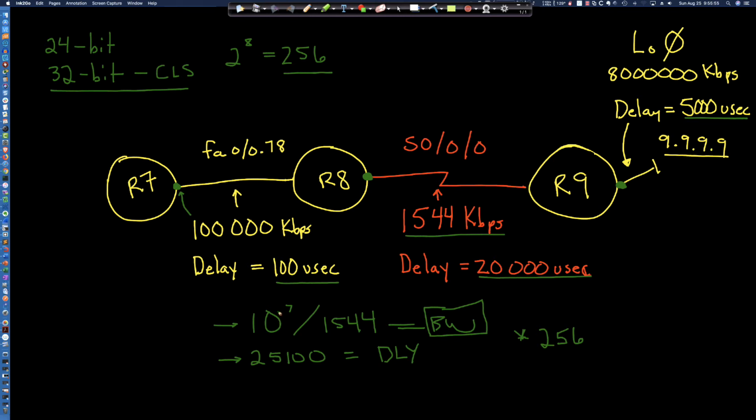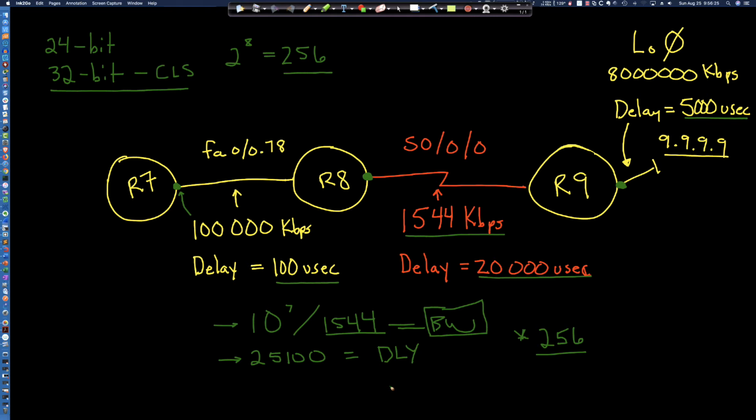And so again, we do 10 to the 7th divided by the lowest bandwidth on the outgoing interfaces along the path from the source to the destination. And then we add up the delay. We take the cumulative delay, and you can simply type show interface on the outgoing interface along the path, and you can figure all of that out. So we take the bandwidth, add it to the delay, multiply by 256.